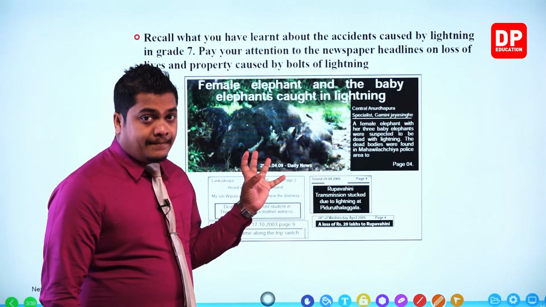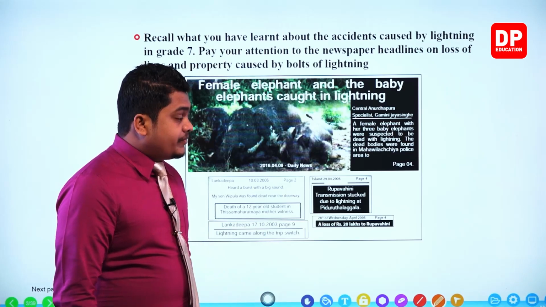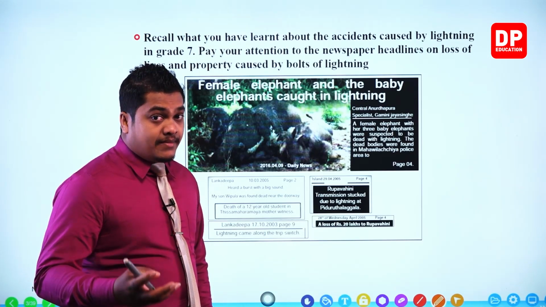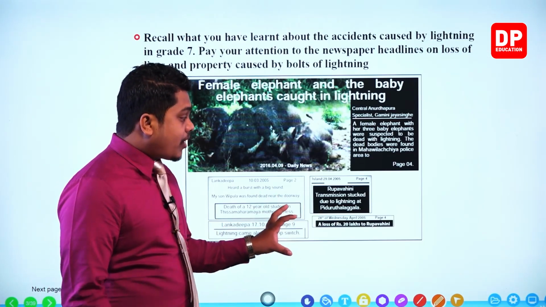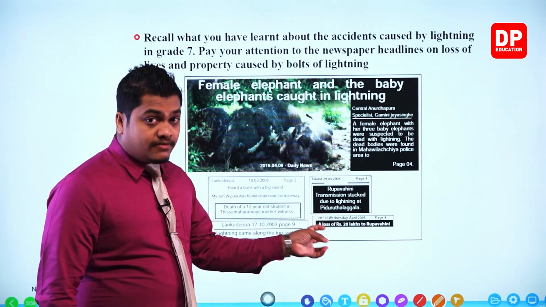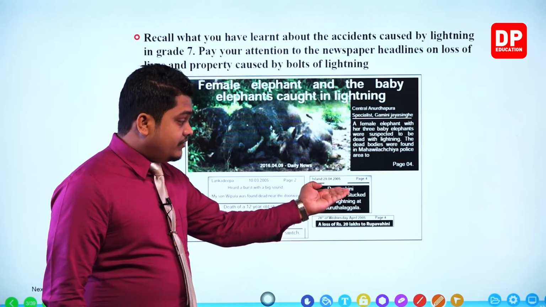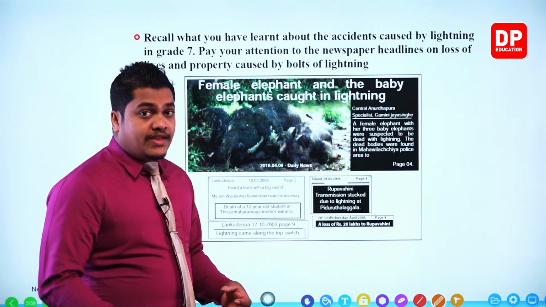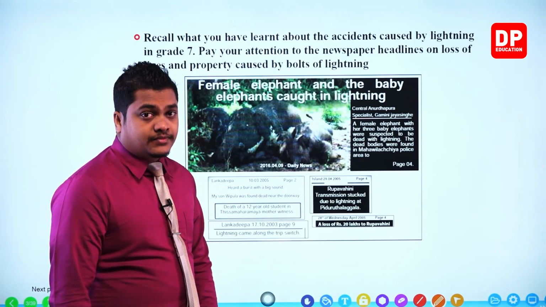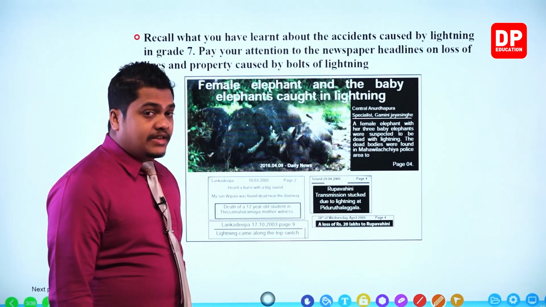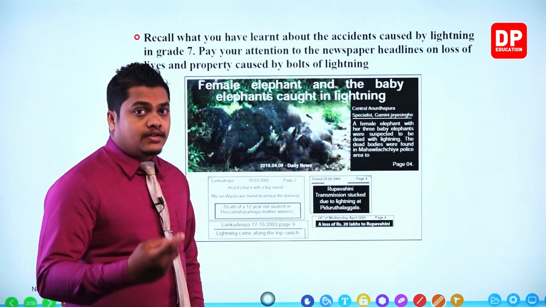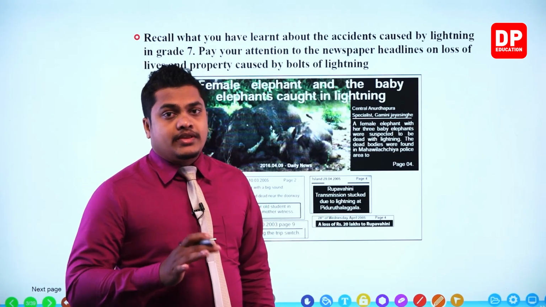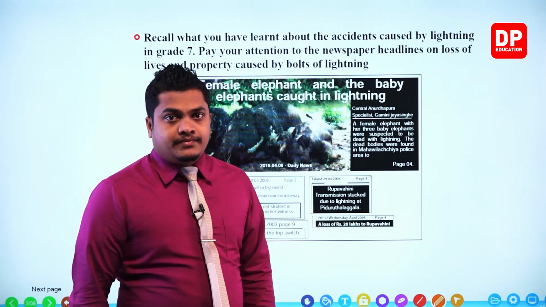It can also cause severe damage to different properties, within lakhs, or sometimes even more than that, like in millions. So loss of properties along with loss of lives can be observed during lightning accidents.